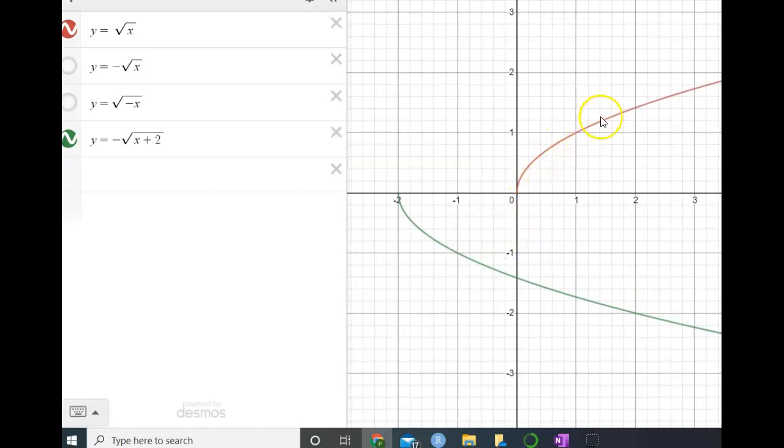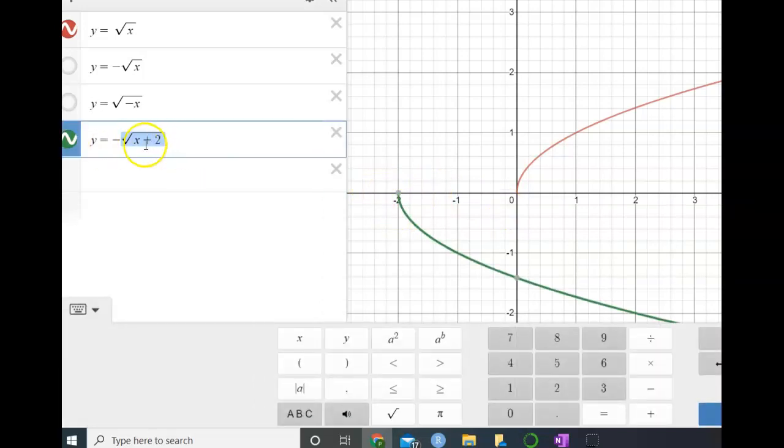The parent function again is in red. It was shifted to the left by 2 units because we had the +2 inside the square root, and then it was reflected across the x-axis. That's why it goes like that: it is decreasing instead of increasing, and shifted 2 units to the left. Remember, horizontal shifts look counterintuitive in the equation.